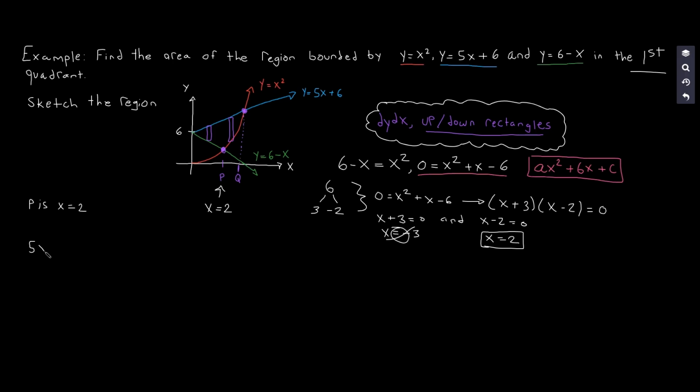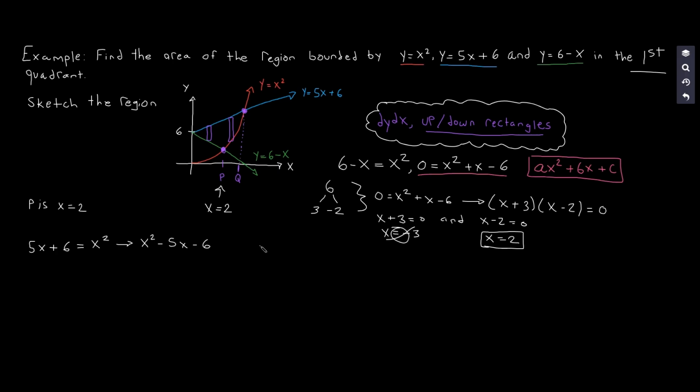We got 5x plus 6 equals x squared. And let's try to get everything onto one side. That's x squared minus 5x minus 6.